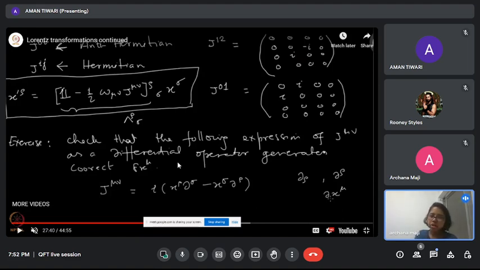So mu nu is getting contracted with J mu nu, and J mu nu are the rotation generators. There are 6 rotation generators: 0 1, 0 2, 0 3, 1 2, 1 3, and 2 3.